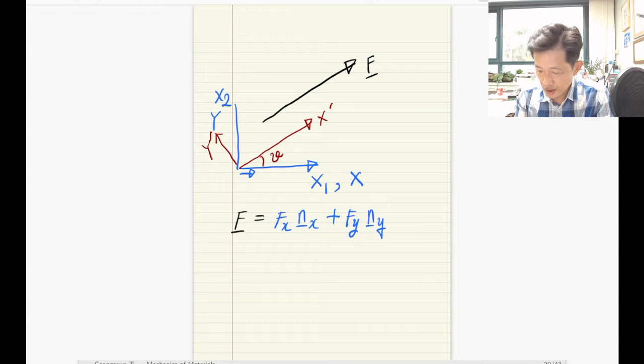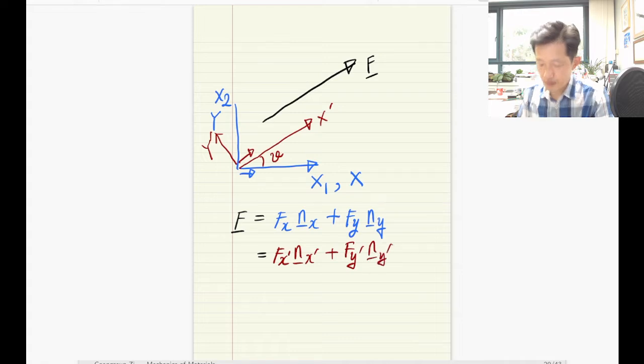And also the same vector can be written differently. With respect to the red coordinate system, the projection of the same vector is the normal in the x prime direction, Fx prime, and Fy prime in the y prime direction. Okay, so make sure that these two expressions are exactly the same.